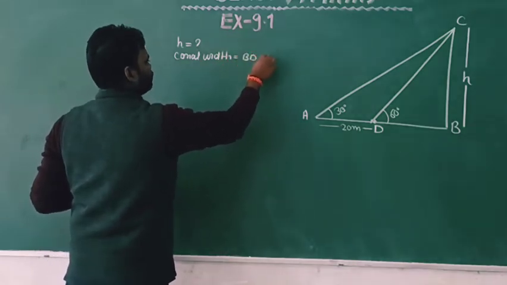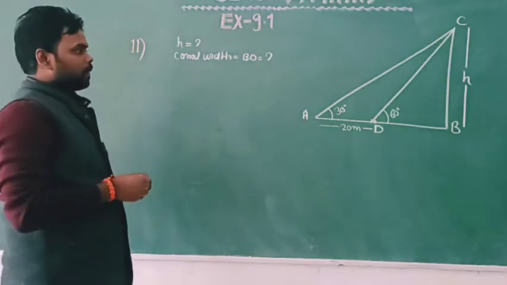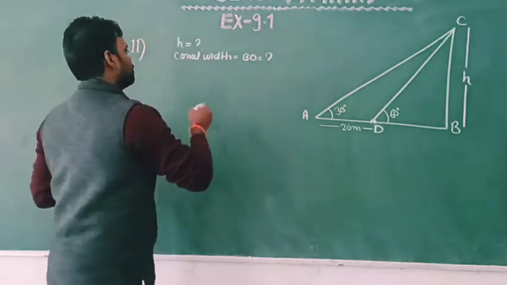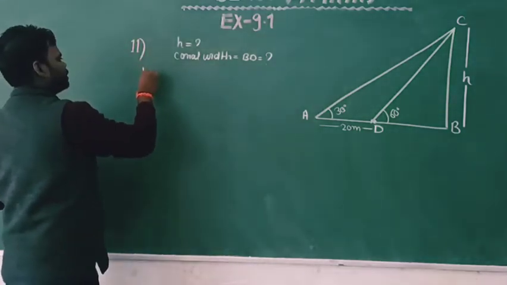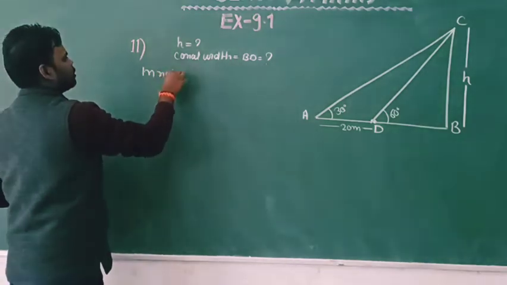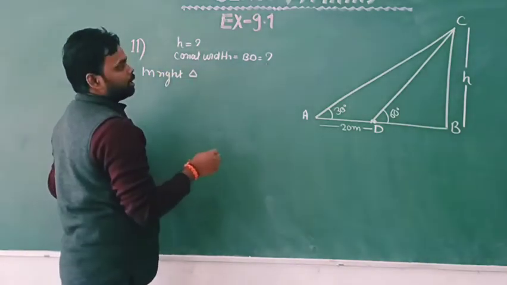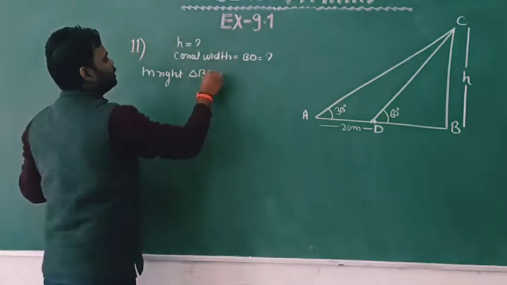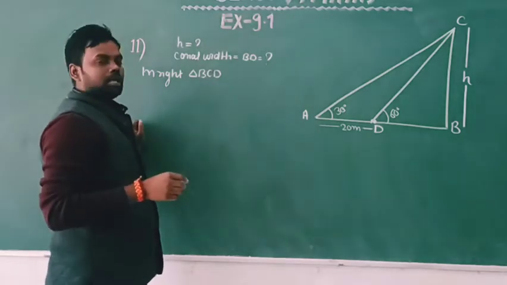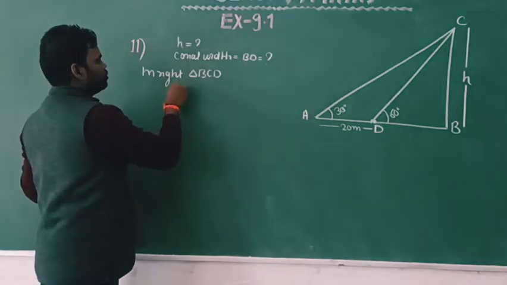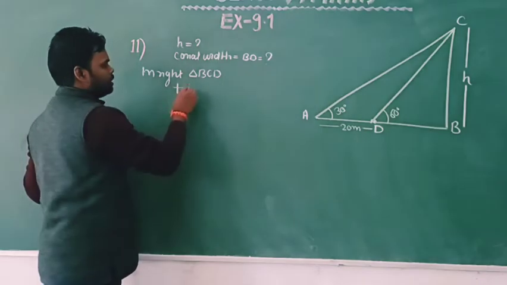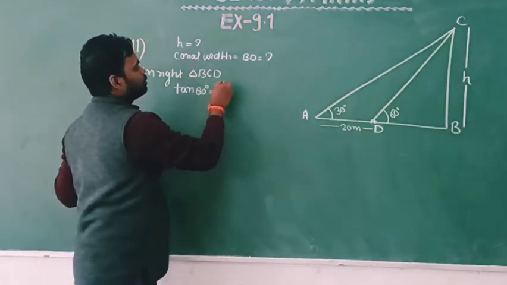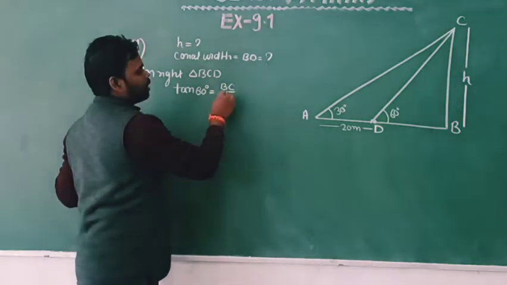First, in right triangle BCD, use the tan trigonometric ratio: tan 60 degrees equals BC upon BD.